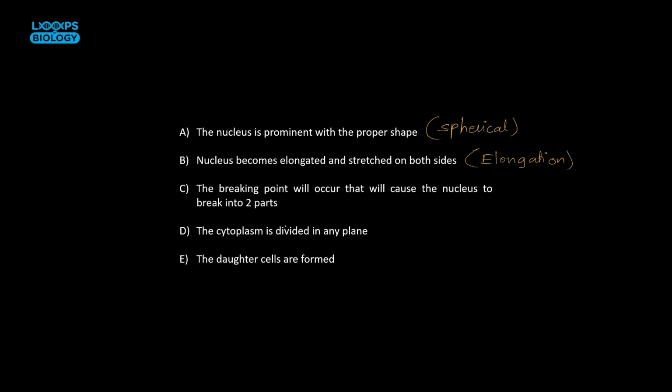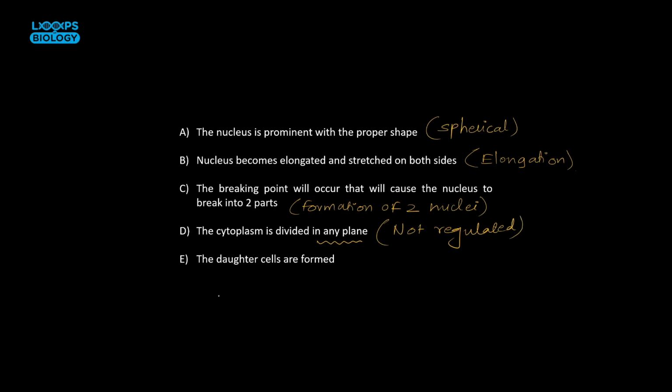That means the nucleus is broken into two parts, so there is formation of two nuclei. And finally the cytoplasm is divided, but that division is completely on luck. It can divide in any plane. This is one of the important parts. This is not regulated.